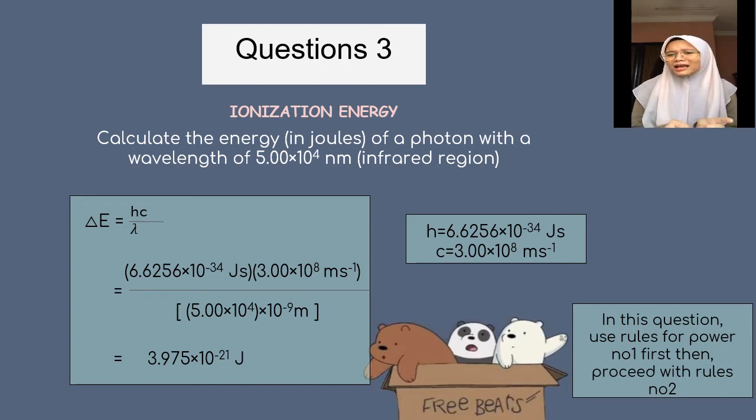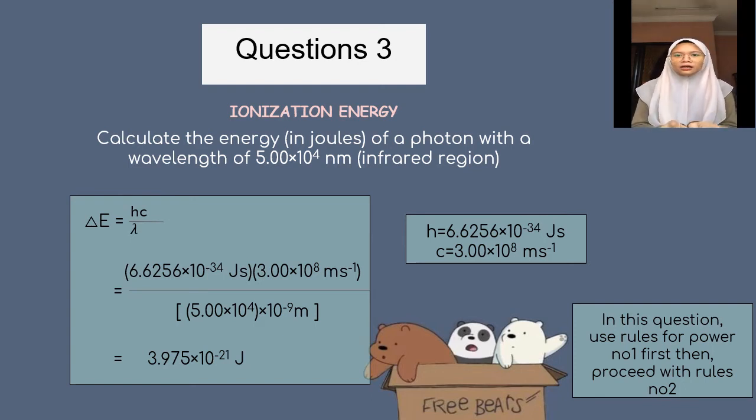So we know that to calculate the energy, we use the formula delta E equals hc over lambda. Just substitute the values into the formula. The lambda is also given in the question. But remember, it's in nanometer. We must change it into meter by multiplying it by 10 to the power of negative 9. Substitute into the formula and we get the answer.